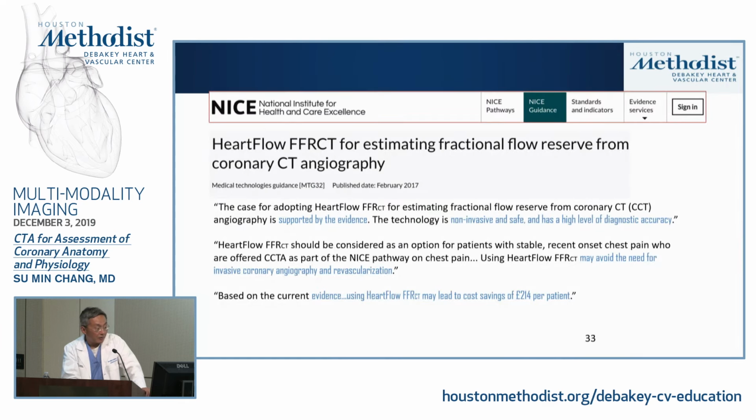Anyway, the point is that they've done a very good job funding a lot of studies for clinical utilization, to the point that the UK NICE also recommends that CT-derived FFR be considered in patients who have a CTA and where you need to know the functional significance. So again, I think they went very much ahead of everyone else in recommending this approach.